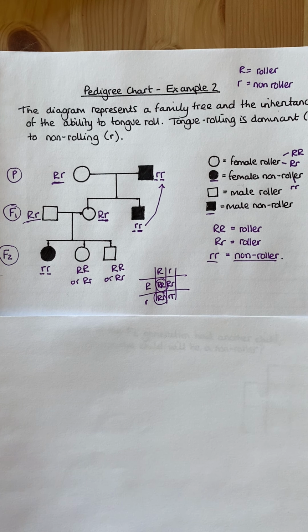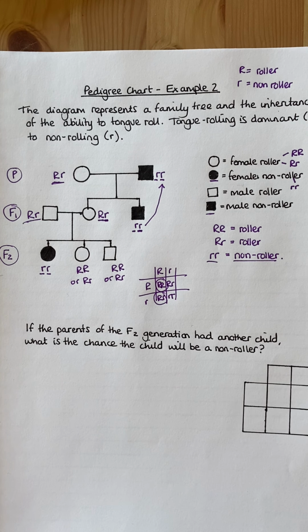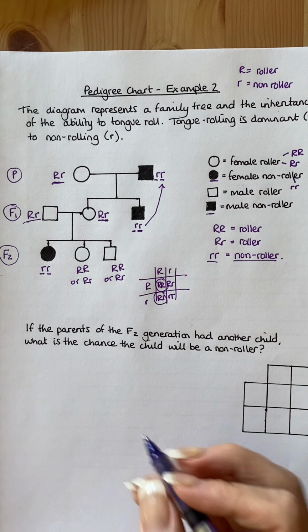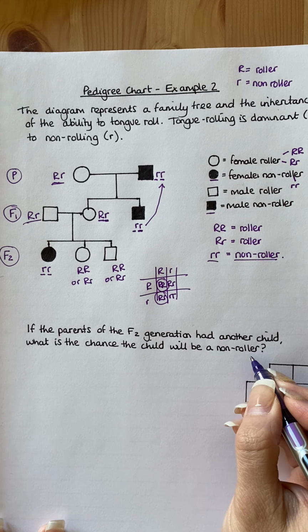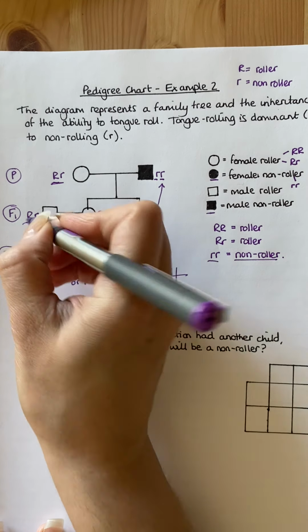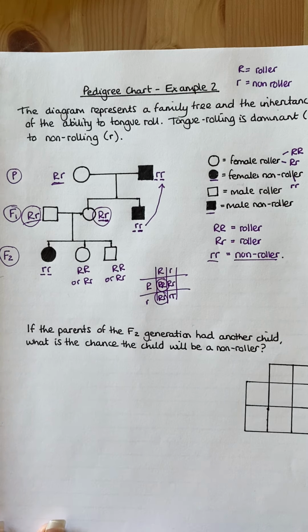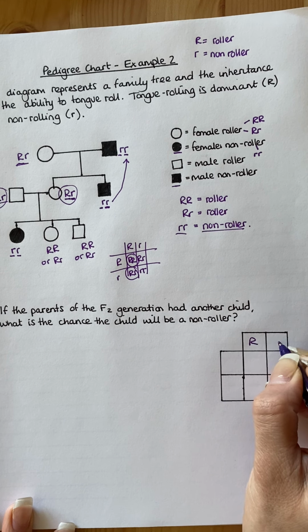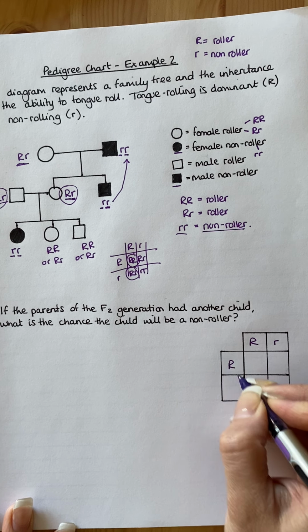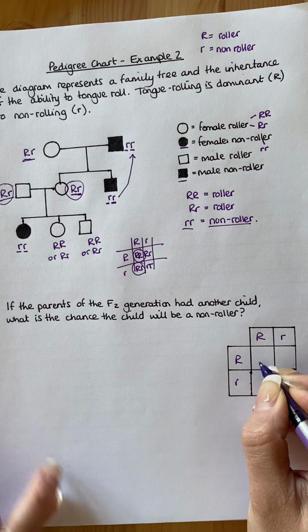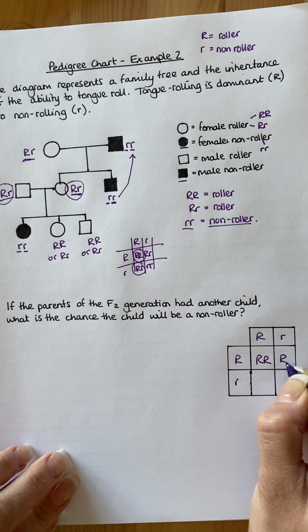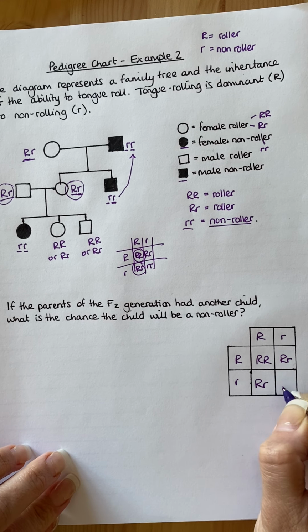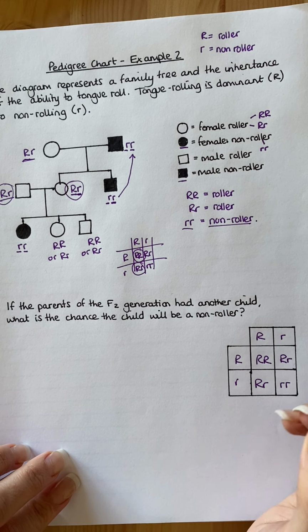Now again, like we've done in the previous example, there might be another question. They ask, if the parents of the F2 generation had another child, what is the chance of the child being a non-roller? So we take the parents' genotypes, put them into our Punnett square, and cross them. The question is asking, what's the chance of them being a non-roller?